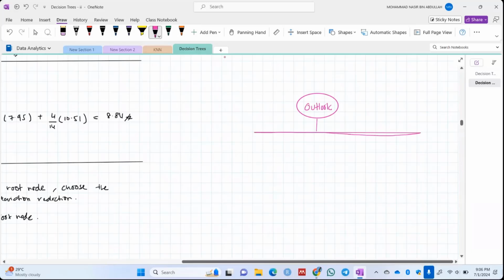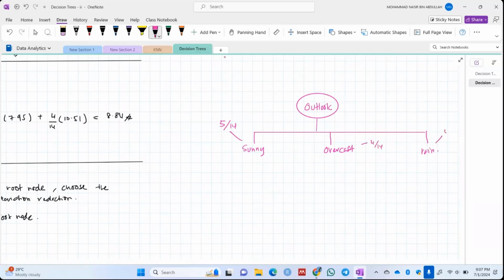The first one is sunny. The second one is overcast. The last one is rain. So for sunny, there are 5 over 14 observation. For overcast, we have 4 over 14. Rain, we have 5 over 14.